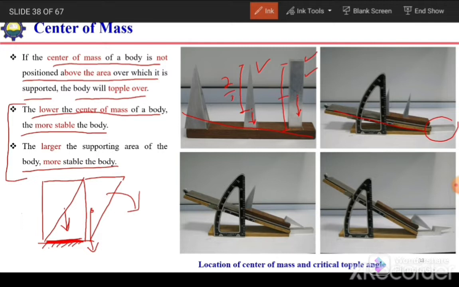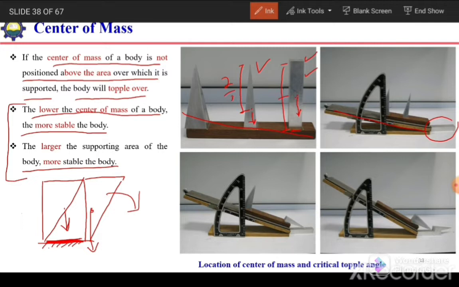This is because the center of mass is high, so with just a small rotation it will come out of the supported area. The line of action of its weight will go outside the supported area, so it will topple over. The critical angle, or topple angle, will be almost 15 degrees.